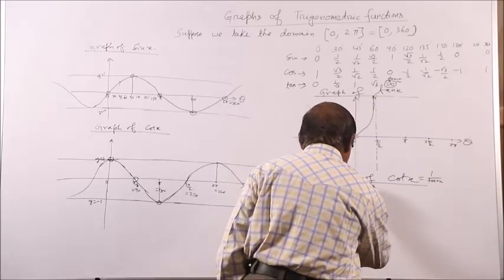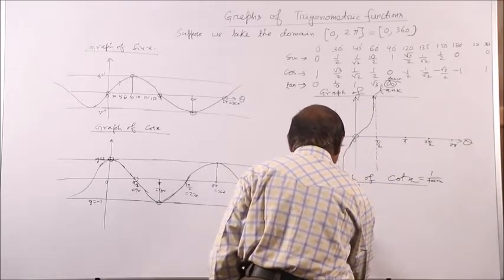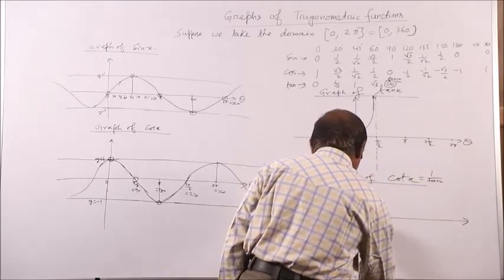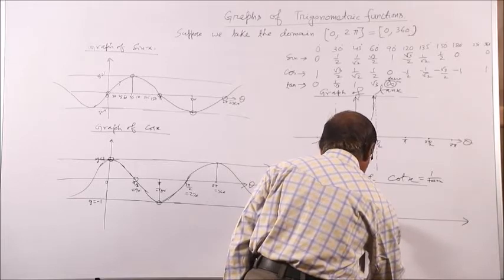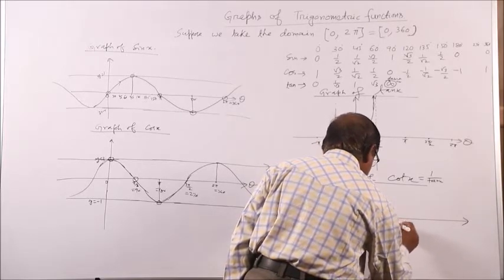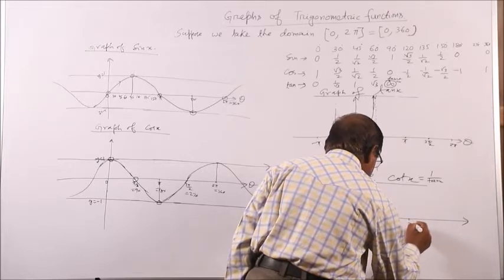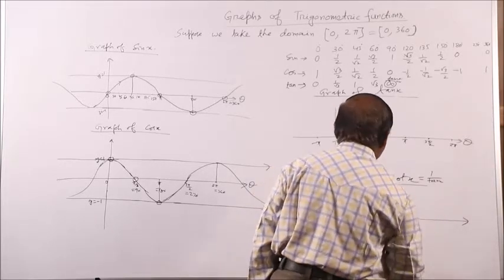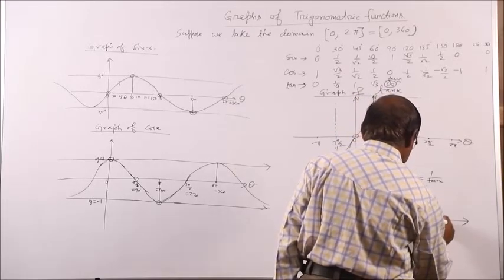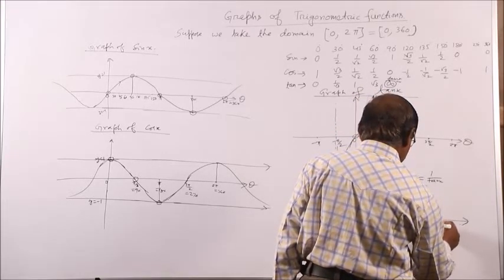So, you can guess the picture. This is 0 degrees, this is pi by 2, pi, 3 pi by 2, then say 2 pi.